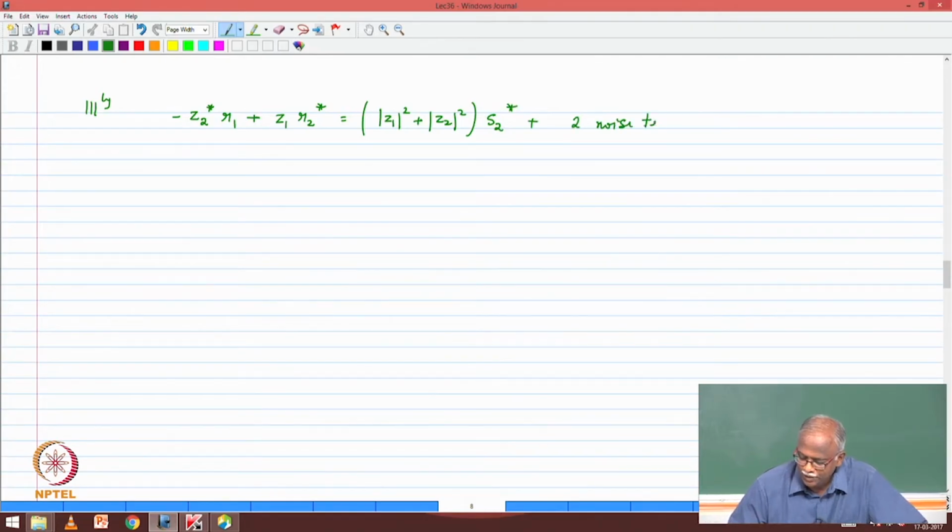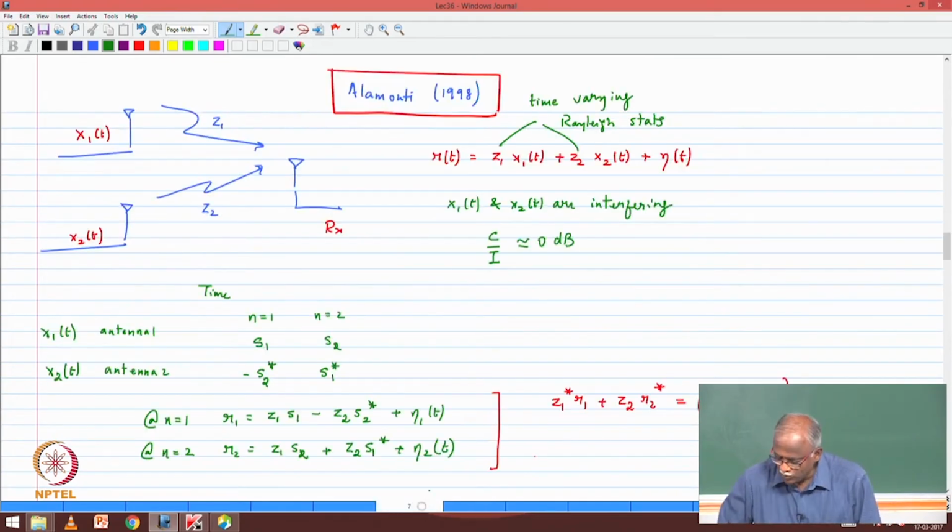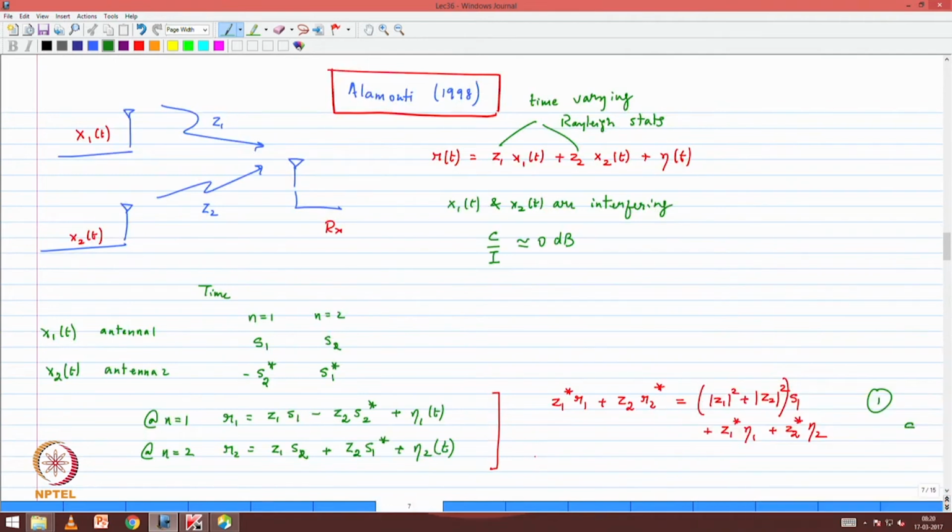Again, the noise terms are not important for us. All we will make a note of is that the noise variance is going to increase by a factor of 2. Okay? So equation 1 gave us S1. So this helps us to detect S1.